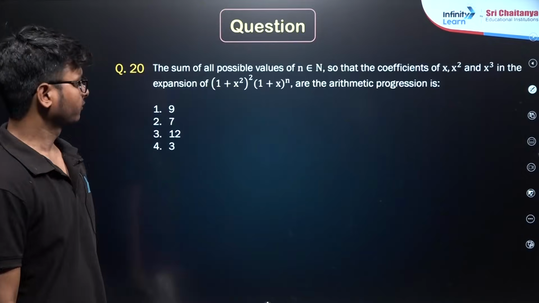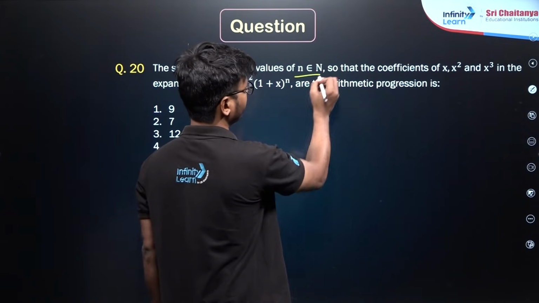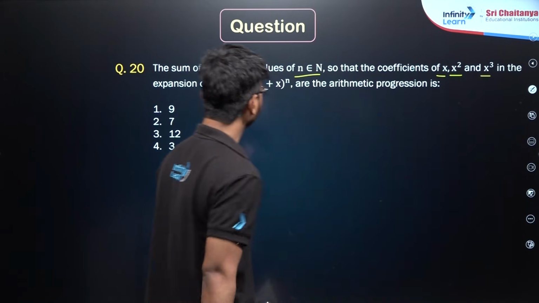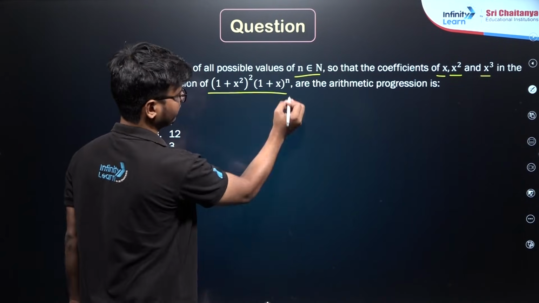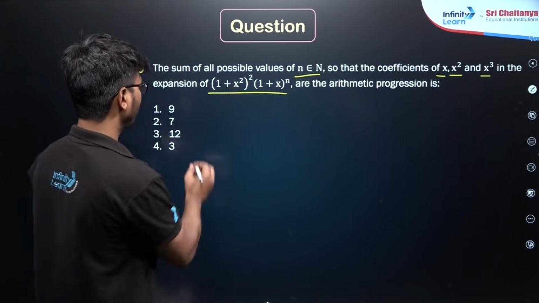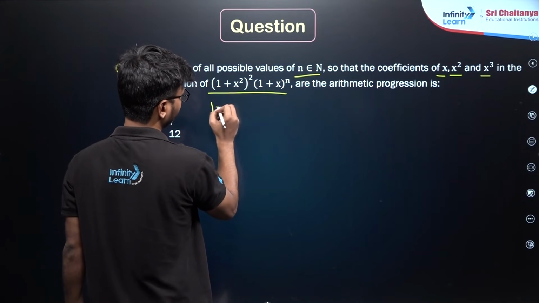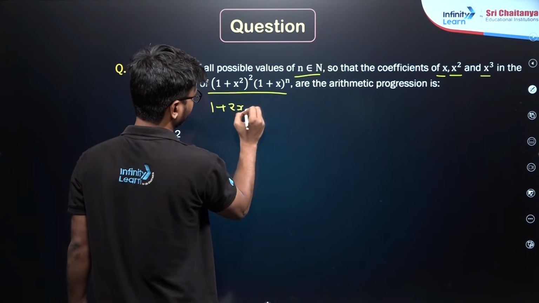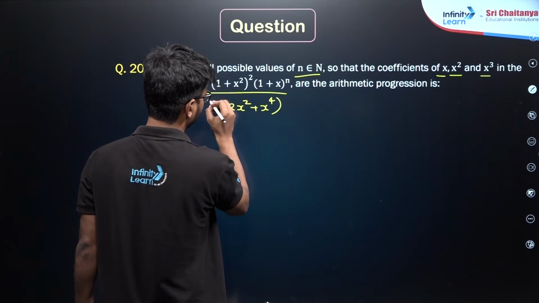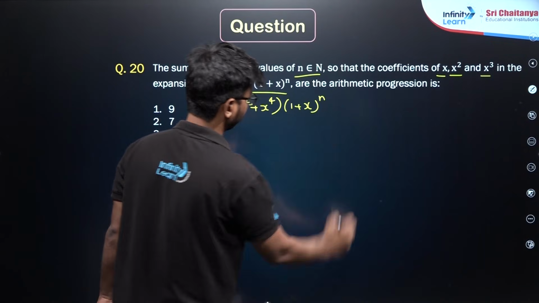Okay. So the question is: the sum of all possible values of n belongs to N, so that the coefficients of x, x square, x cube in the expansion of this are in the arithmetic progression. Okay. So first of all, if you expand this, 1 plus x square the whole square, we can write 1 plus 2 times of x square plus x to the power 4, multiplied by 1 plus x to the power n, correct?